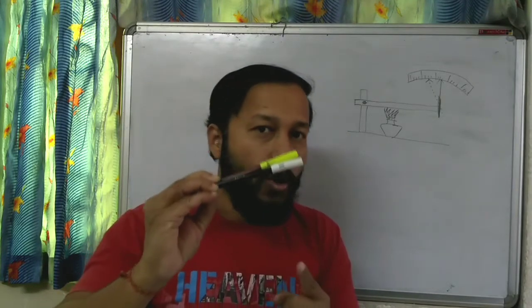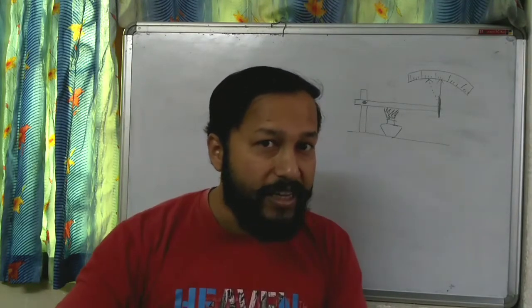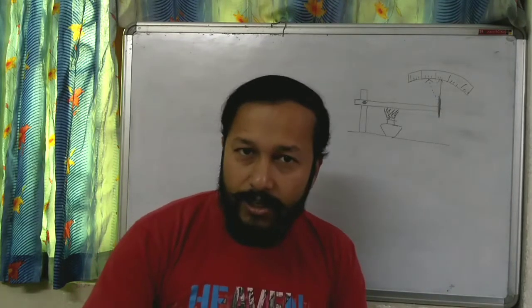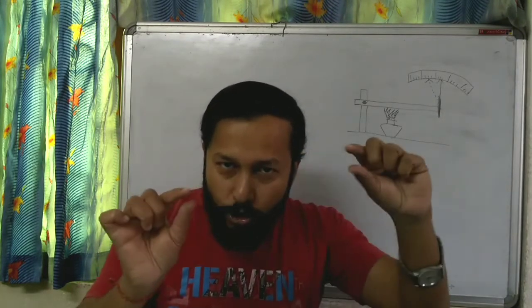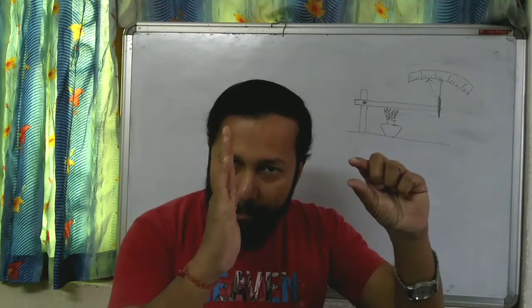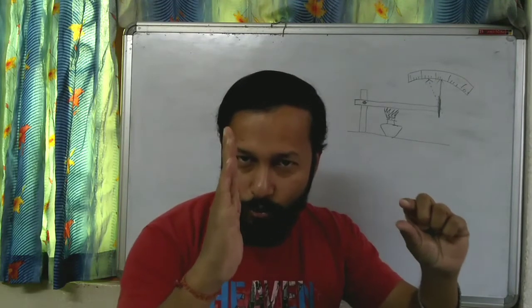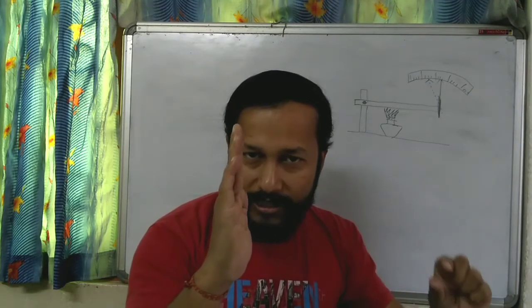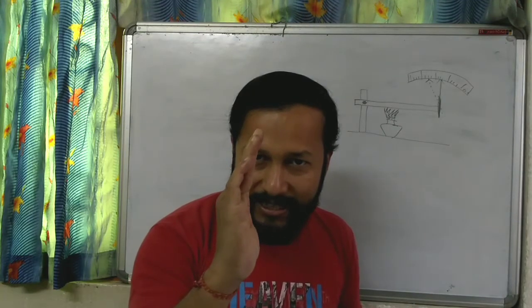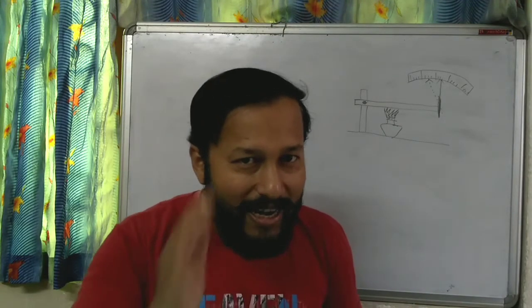Understood? When you are giving heat to both of them, you will notice that the straight rod starts bending. Yes, the rod was straight, and now you will notice that it is bending like this. Why is the rod bending?